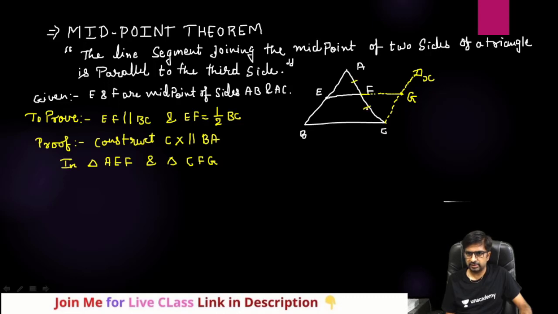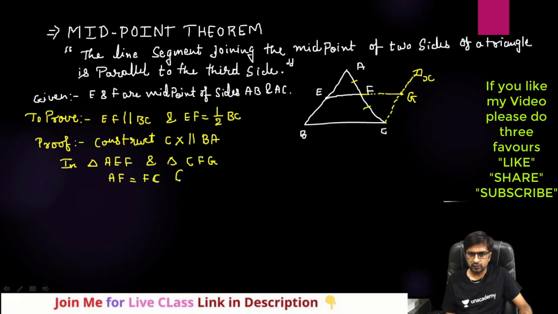So can I say AF equals FC? Why? Already F is the midpoint. This is the reason that you need to write down, midpoint.